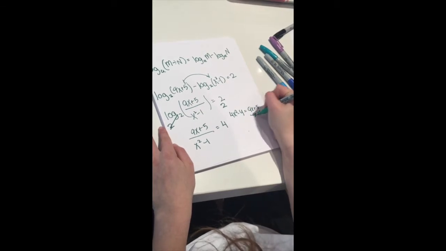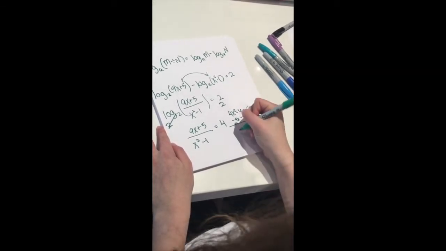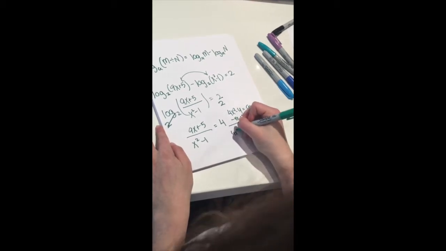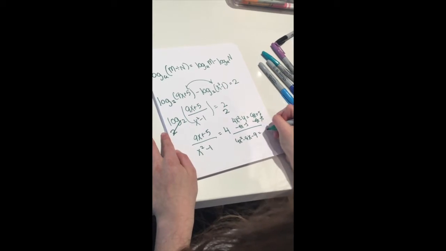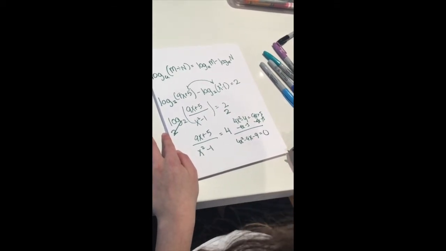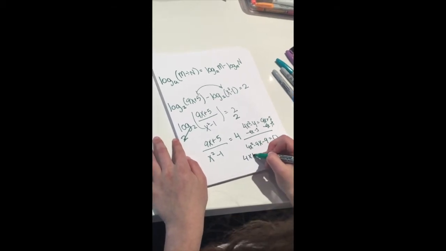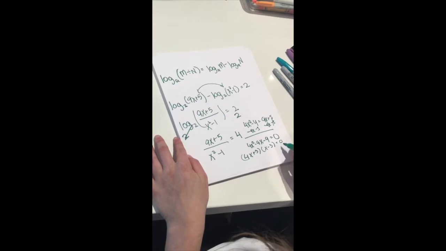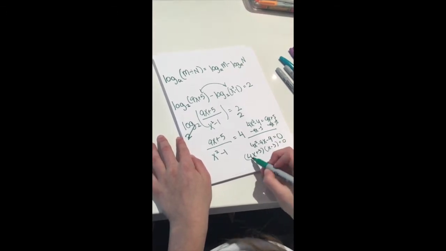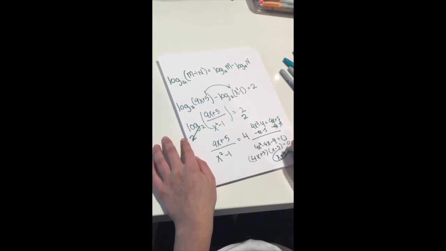Subtract this side, and you get 4x squared minus 9x minus 9 equals 0. This one is a little bit trickier to factor, but you end up getting 4x plus 3 times x minus 3 equals 0. And the same way, this side is going to become a negative, which you can't have, so you know that your only answer is x equals 3.